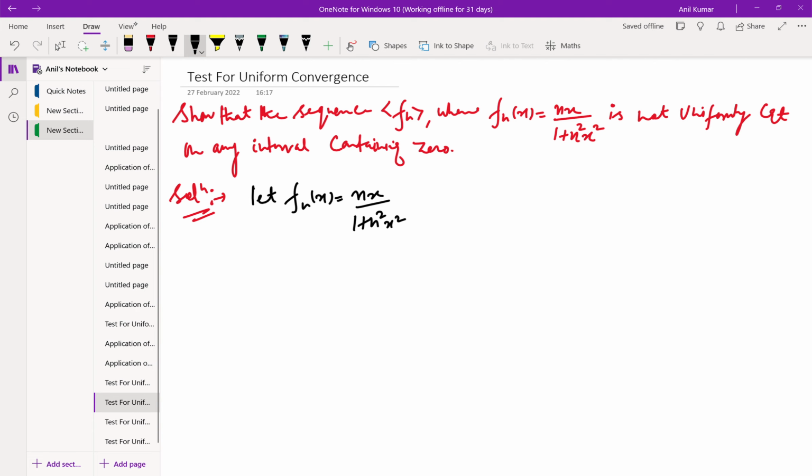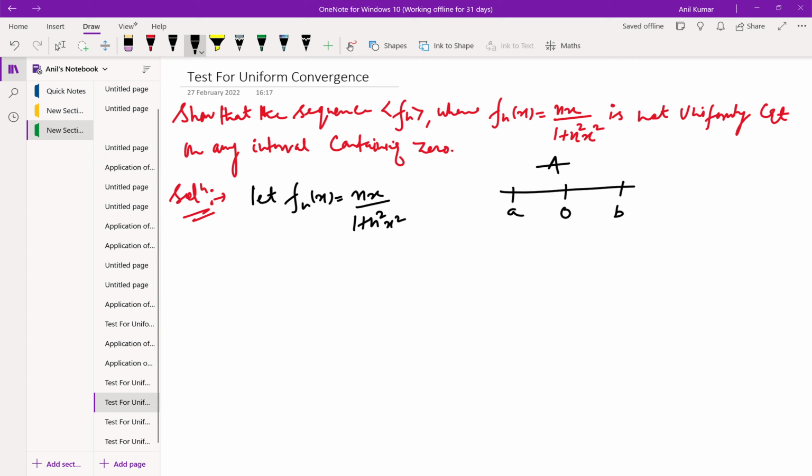Now the first task is to prove that this sequence of functions is pointwise convergent on a given domain. Domain is any interval which contains 0. कोई सा भी एक ऐसा interval जो 0 contain करो, that is your domain. ठीक है? So it says this is your domain (a, b), right? And it contains 0. So a can be 0 as well. This is your set (a, b), and it contains 0.